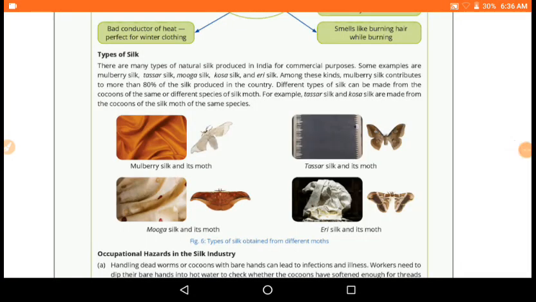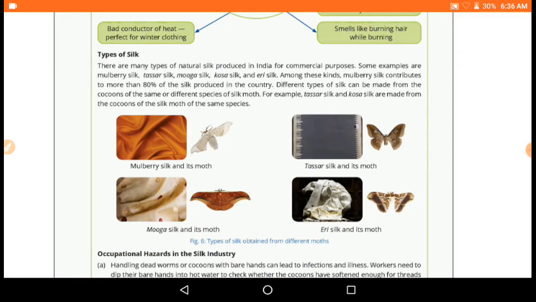Types of silk. There are many types of natural silk produced in India for commercial purposes. Some examples are mulberry silk, tussar silk, muga silk, kosa silk, eri silk. Among these, mulberry silk contributes more than 80% of the silk produced in the country. Different types of silk can be made from the cocoons of the same or different species of silk moths.